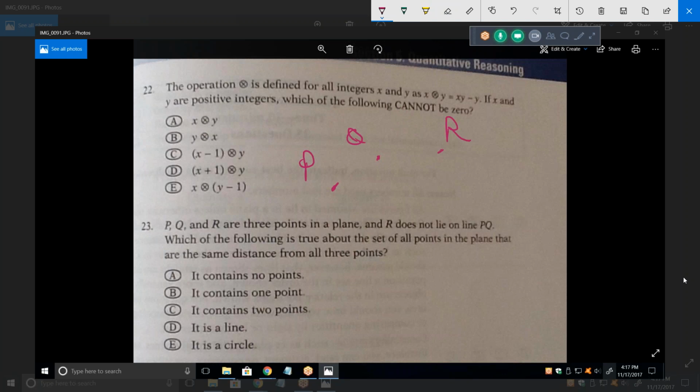Which of the following is true about the set of all points in the plane that are the same distance from all 3 points? Well, what kind of a point? If I drew a circle, well, the center of that circle is equidistant from all 3 points.